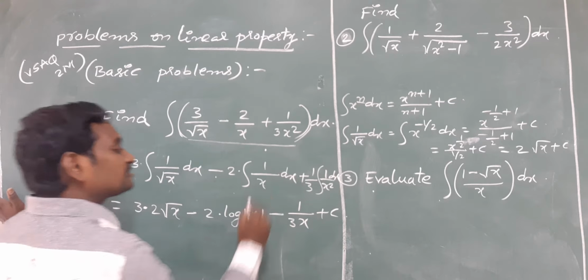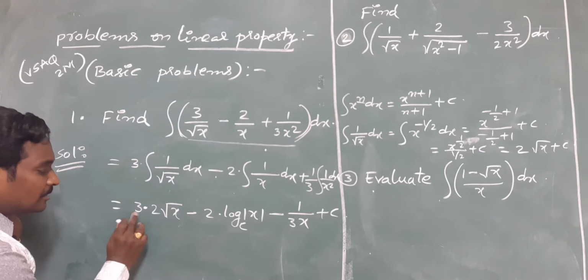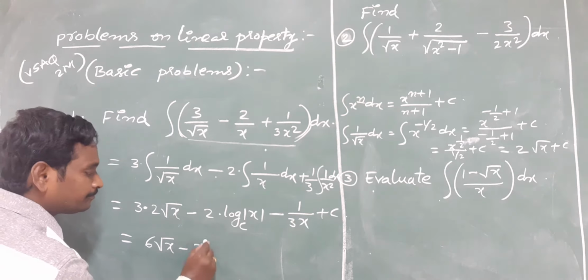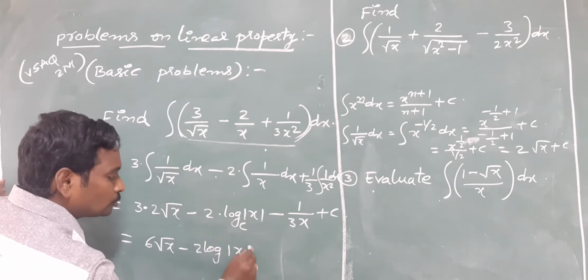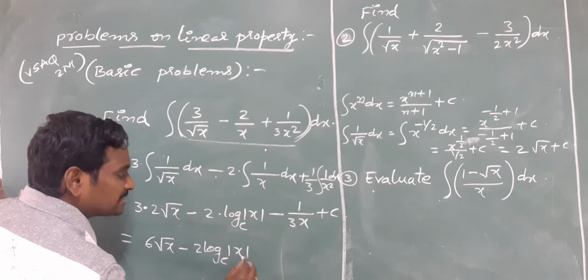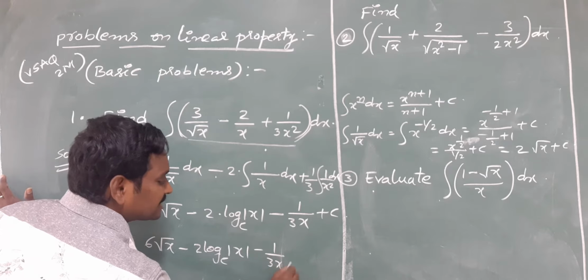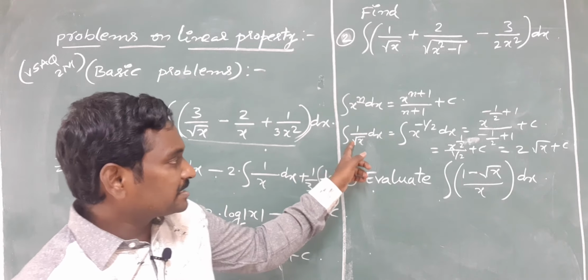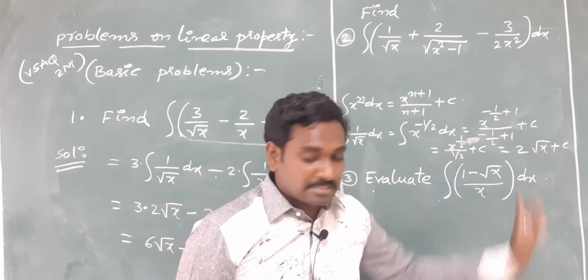Integration is completed, that's why add constant. Write one more step. 3 2s are 6. 6 root x minus 2 log mod x to the base e minus 1 by 3x plus c. Okay. Don't forget this one. Integral 1 by root x is nothing but 2 root x plus c.